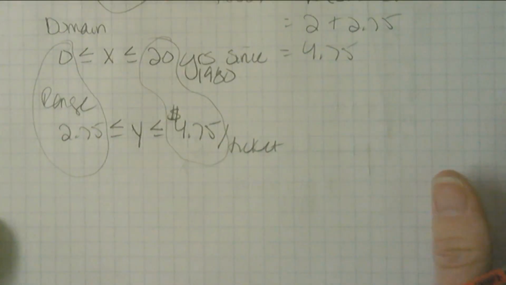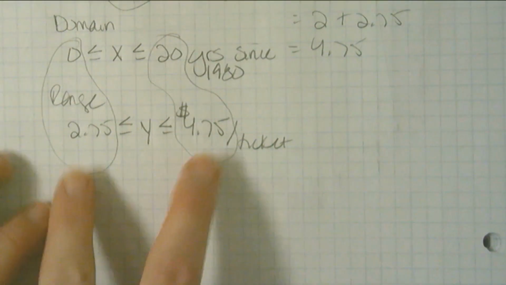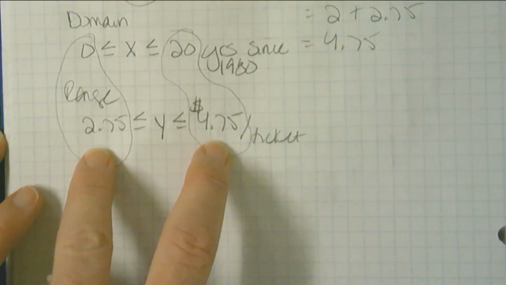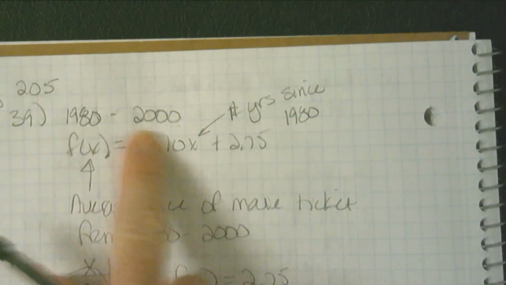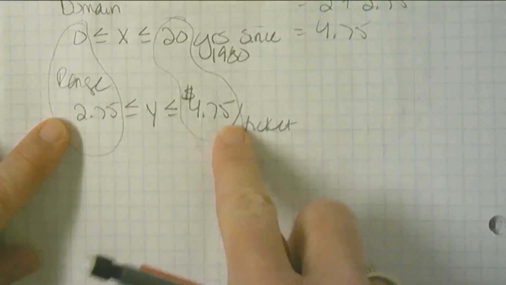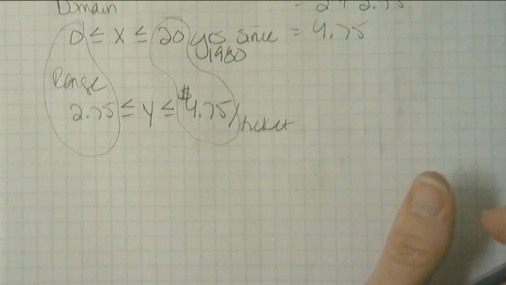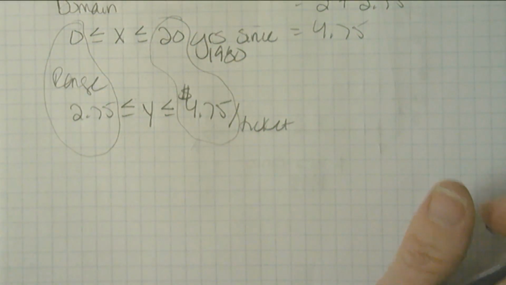Well, that's exactly what I'll ask. A problem like number 39, look at 39 up here. Because there was a begin date and an end date, that means there's a begin domain and an end domain. There's a begin range and there's an end range. But on 41, there's not an end. There's just a beginning, 0 hours.